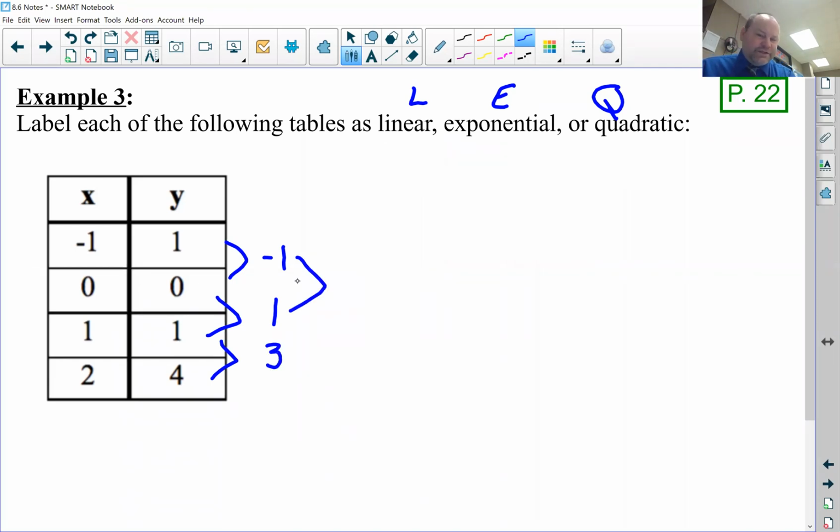So the first difference is not the same. It's not linear. 1 minus negative 1 is 2. 3 minus 1 is 2. So what do we think? Linear, exponential, or quadratic? Yeah, that second difference is quadratic. Or I should say when the second difference is the same, the function is quadratic.